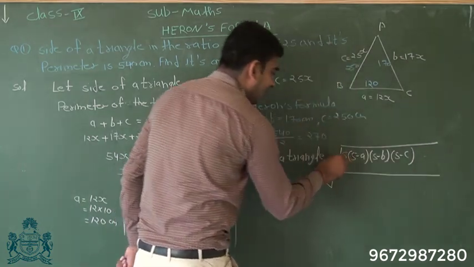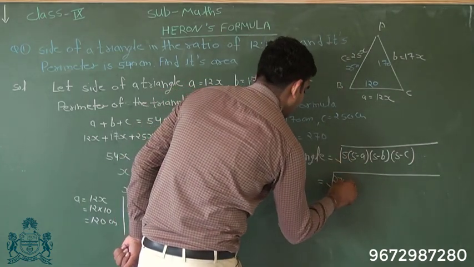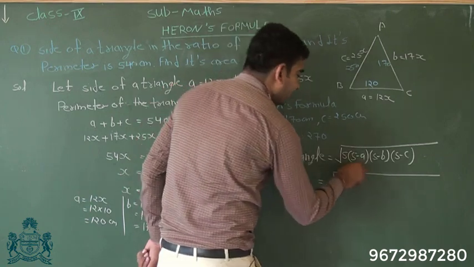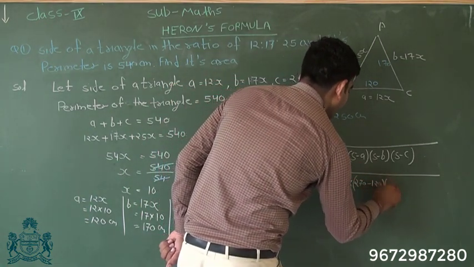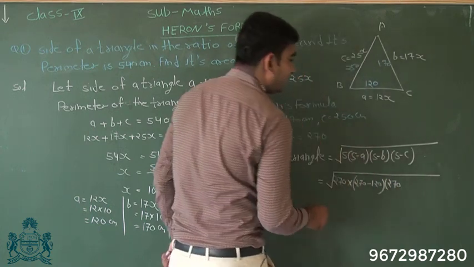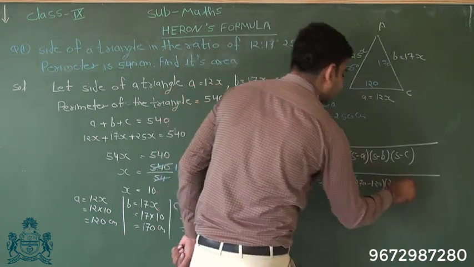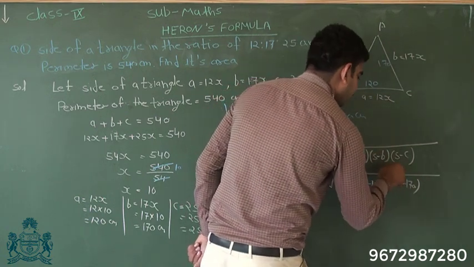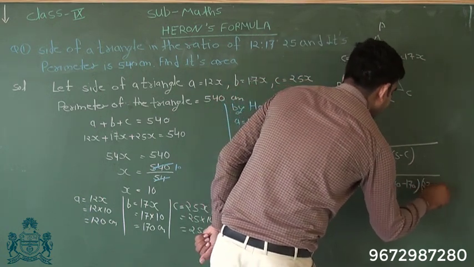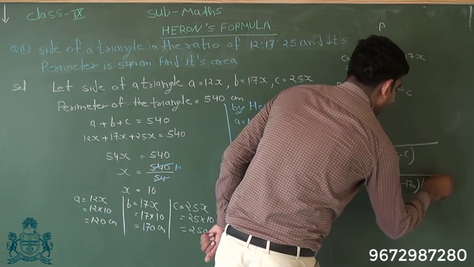Under root, s is 270: 270 minus 120, 270 minus the value of b, 170, and 270 minus 250.